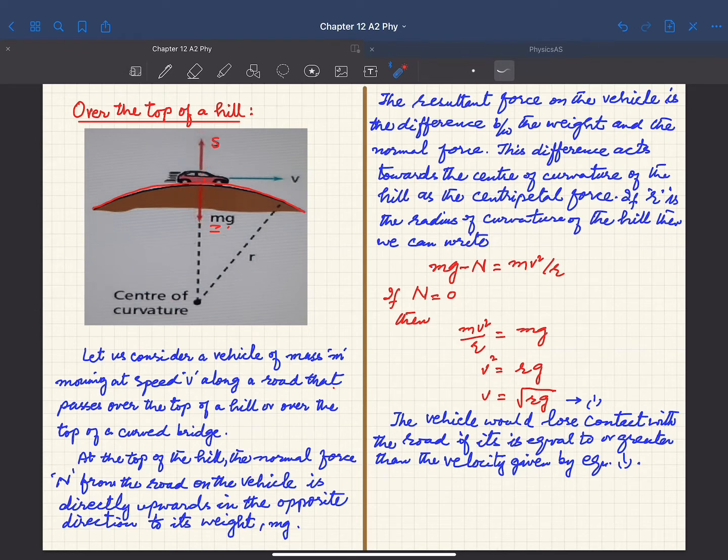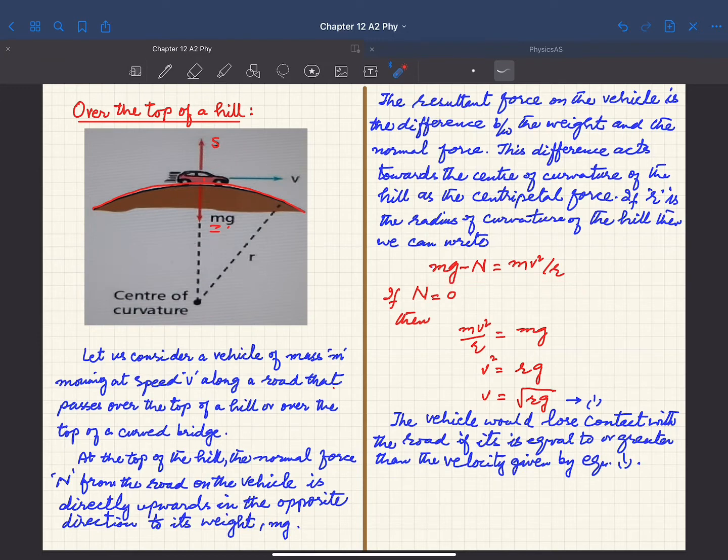So what will happen in this case, the resultant force on the vehicle is the difference between these two forces, and of course this resultant force will be the centripetal force. And what we can write here is that mg minus s is equal to mv square over r.